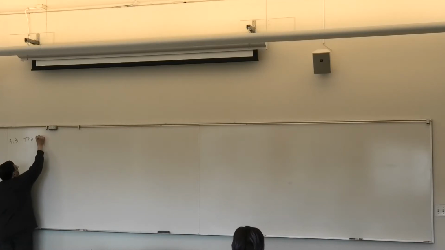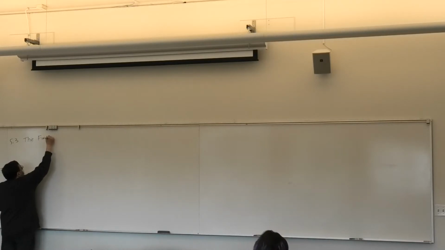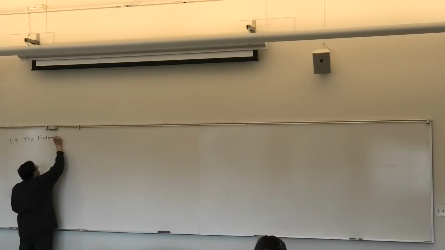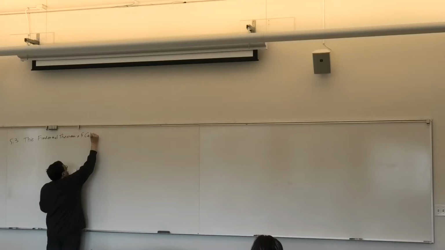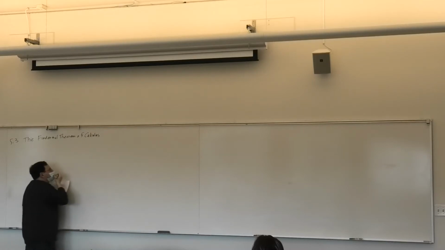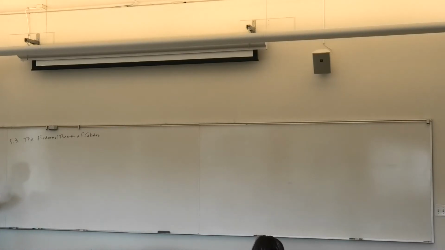It has a name. It's called the fundamental theorem of calculus. It gets that name, no doubt, because it connects the two major things we do with calculus. We find derivatives and we evaluate integrals.